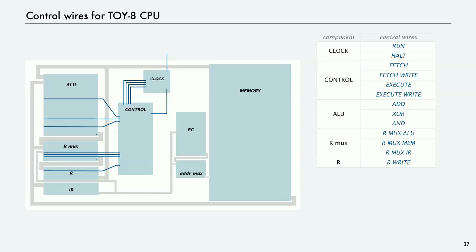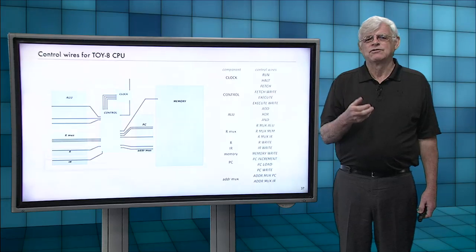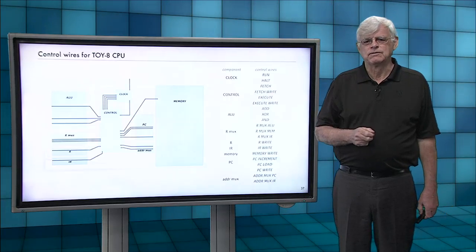When it's time to write it, that's the write pulse, and there's one for the register and another one for the instruction register. The memory has its write pulse, and then the PC has a selection: are we going to increment or load? Those are selections for the internal mux. And then the PC write signal, and the last two are the selection lines for the address mux. Those are all the control wires for the TOY 8 CPU.